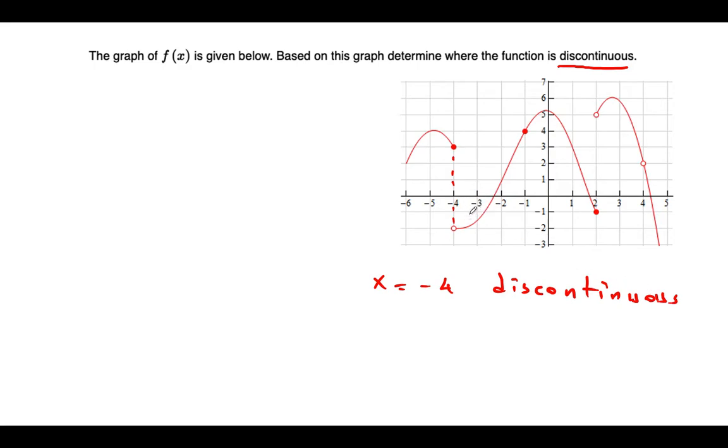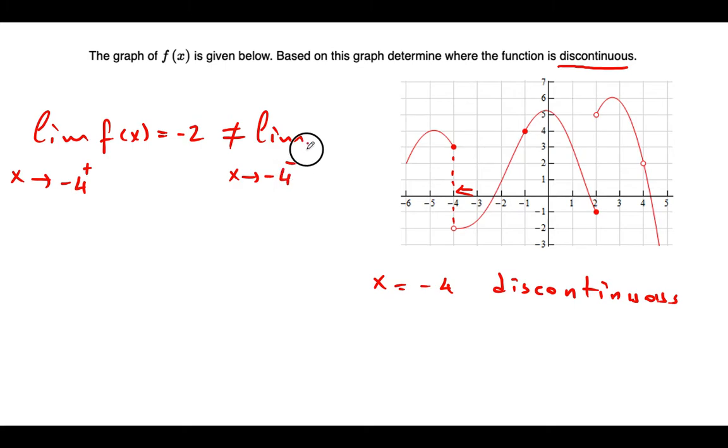Since the right limit, let me write here, the limit as x approaches -4 from the right of f(x) is equal to -2, and this is different than the limit as x approaches -4 from the left of f(x), which is equal to +3. So -2 is different than 3, the limit does not exist.